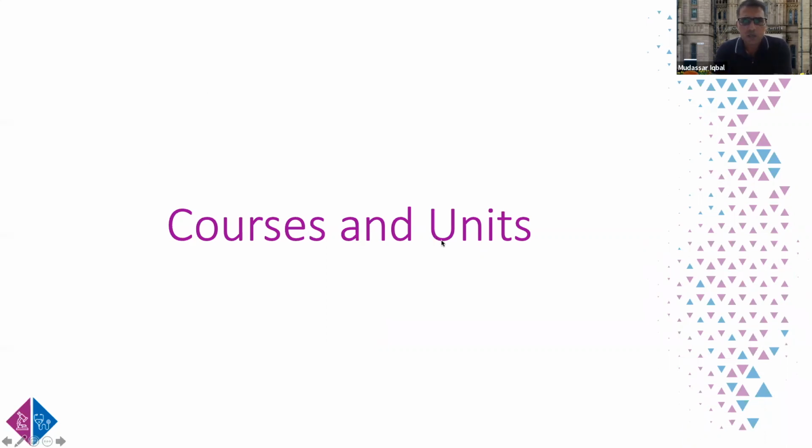Before that, a couple of points that are quite important to start with. As Alessandro has mentioned, these units are from the existing postgraduate courses in the university. So remember that these are not custom designed for you. These are existing courses which you will be coming on to.